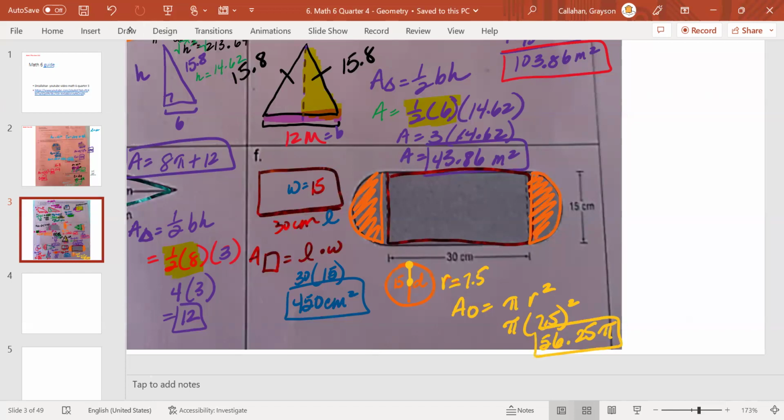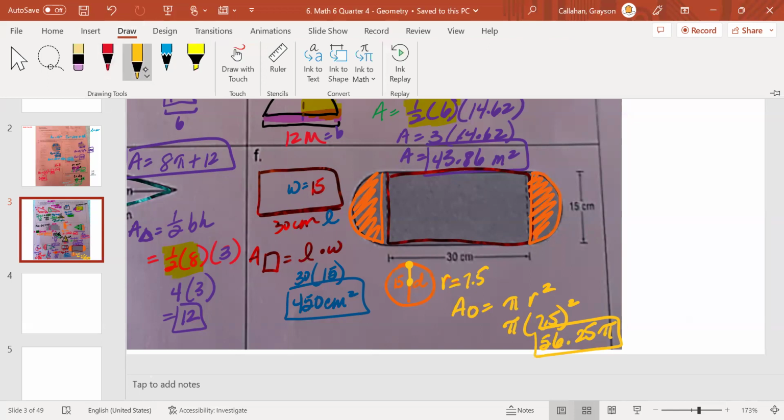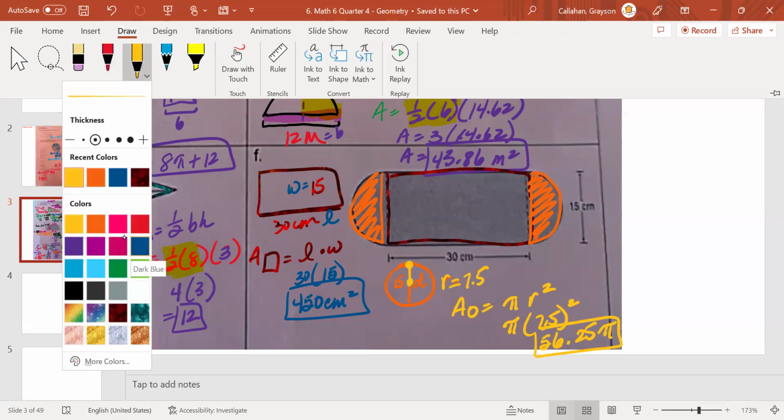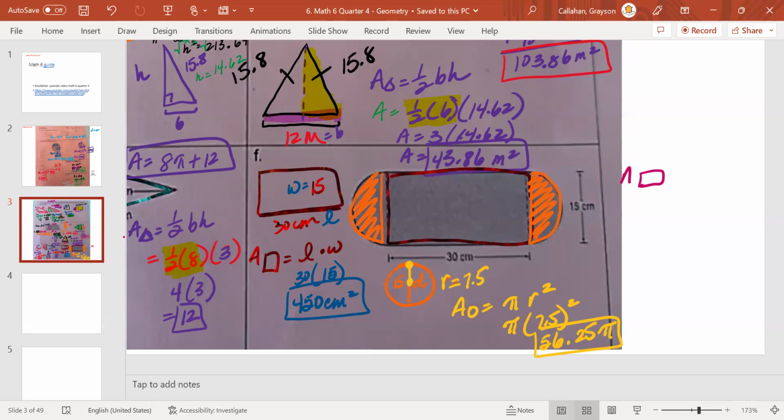So now, when I add everything together here, I'm going to do the rectangle plus the area of the circle, which is 450 plus 56.25. So I'm going to have you add it together.